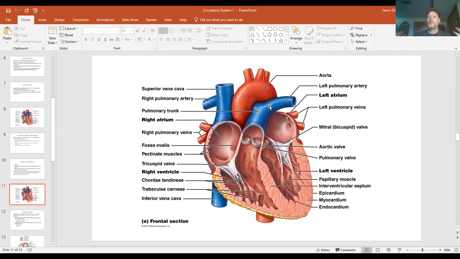It's got to go to the lungs to get the oxygen. So the pulmonary artery is the only artery that has deoxygenated blood. The pulmonary veins, which are bringing the blood back to the heart, are the only veins that have oxygenated blood, because they're coming from the lungs back to the heart, and now they can send the oxygen everywhere else through the aorta, and then it'll branch off wherever it needs to go.